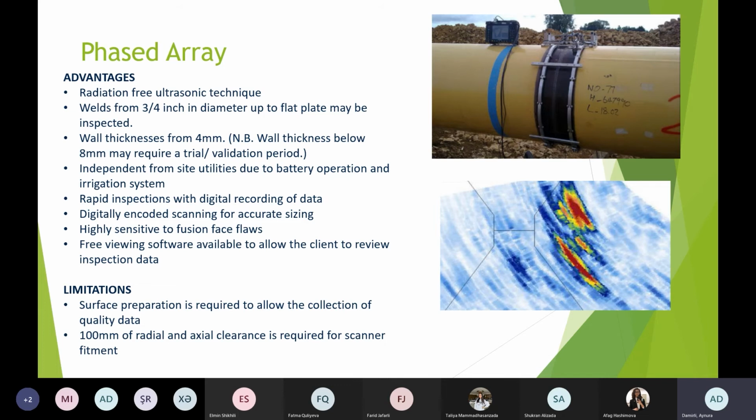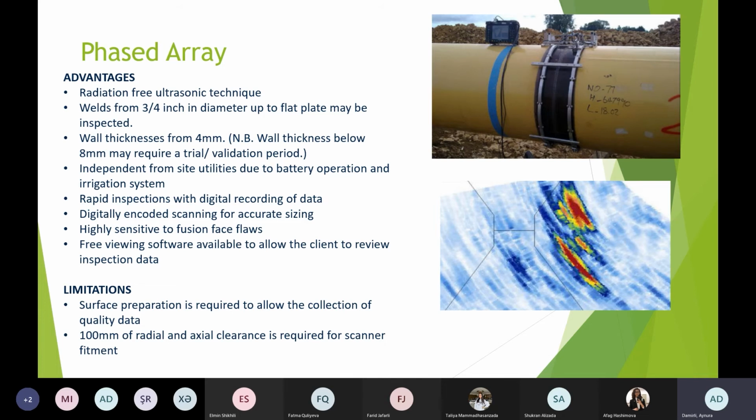One of them is phased array. You can see how it works. By doing this, we're checking, and you can see here the blue color is metal, and the other colors show that in this place metal is degraded and some loss is happening.